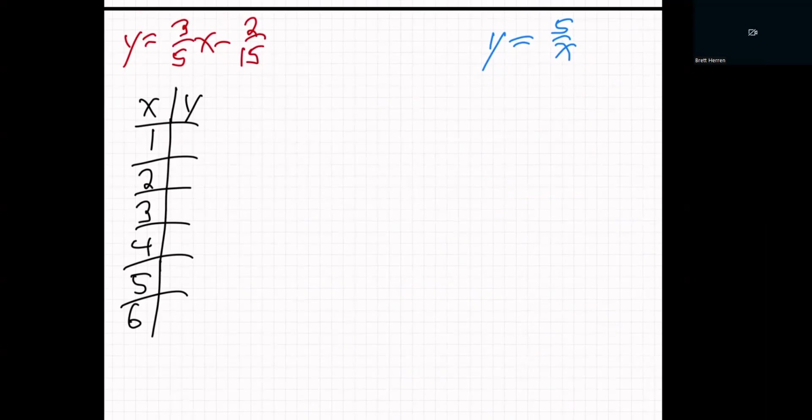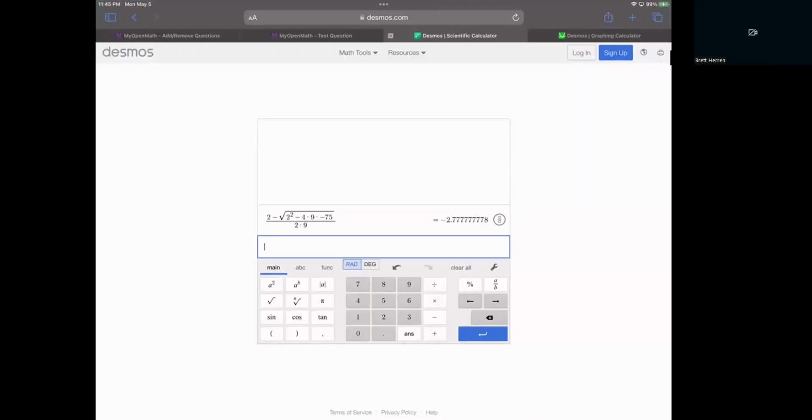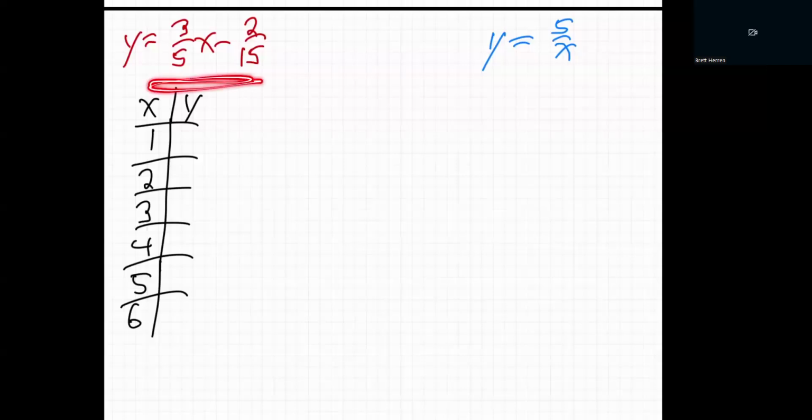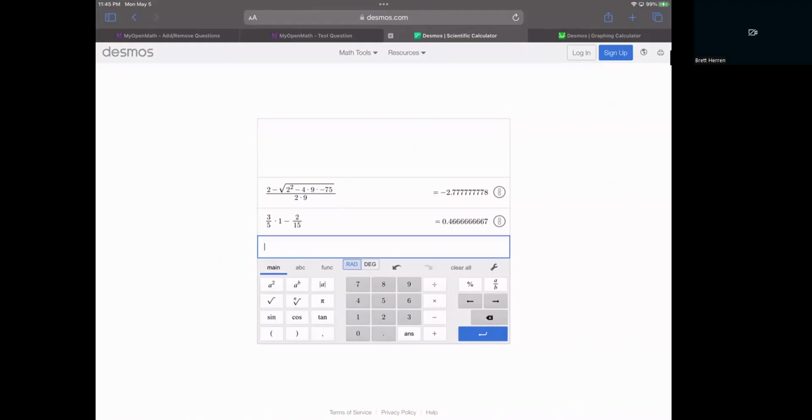So I'm going to go to Desmos: 3/5 x minus 2/15. I'm going to plug in 1 first. 3/5 times 1 minus 2/15, and I get 0.466.